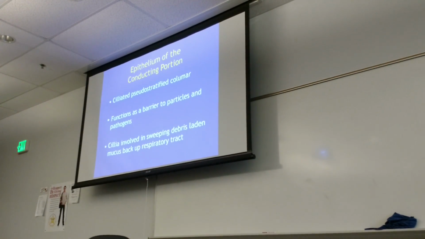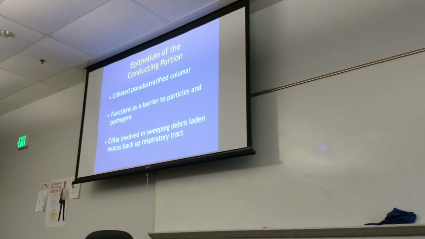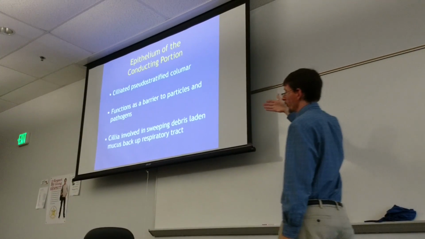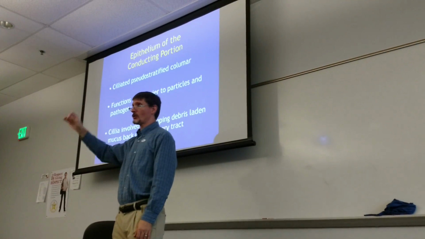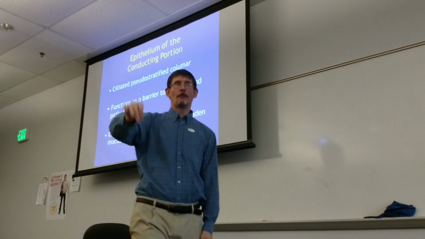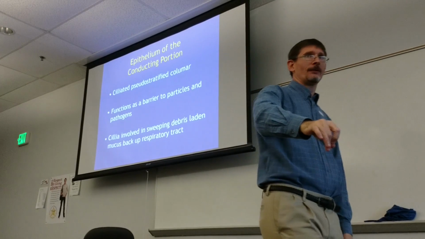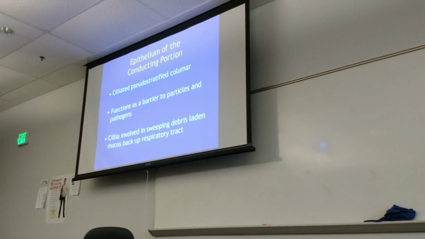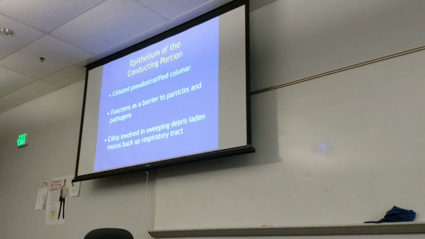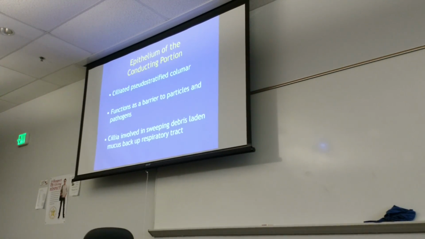To give you an example of that difference, here is a part of the conducting portion where you're going to see the ciliated pseudostratified columnar epithelium. Remember that mouthful from 165, right? The emphasis here is on protection simply because there is no exchange occurring.